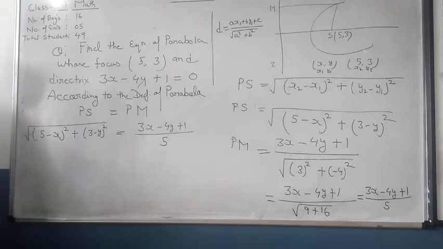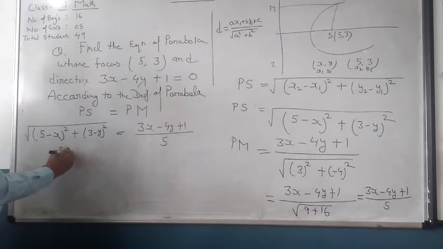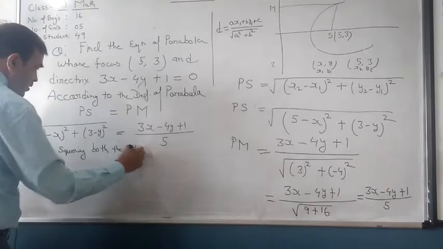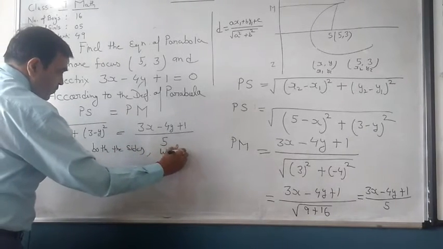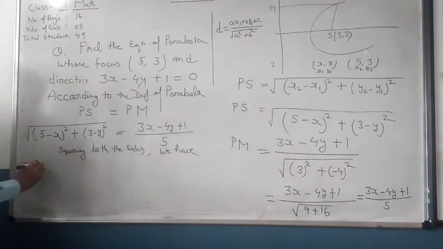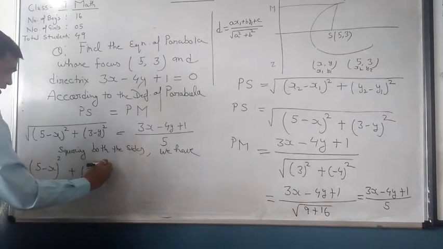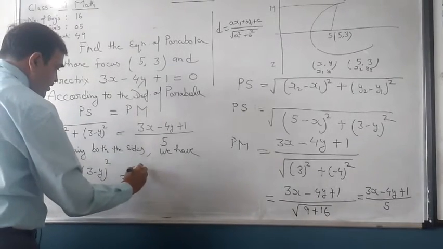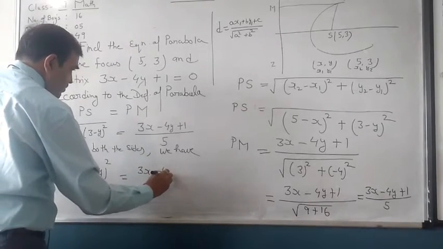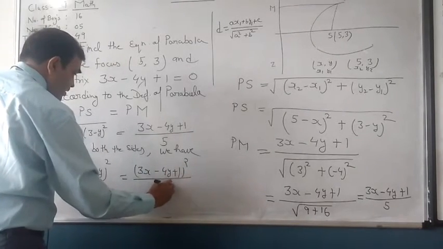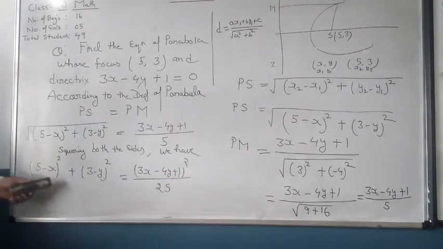Squaring both the sides, we have (5 minus x) whole square plus (3 minus y) whole square is equal to (3x minus 4y plus 1) whole square divided by 25.